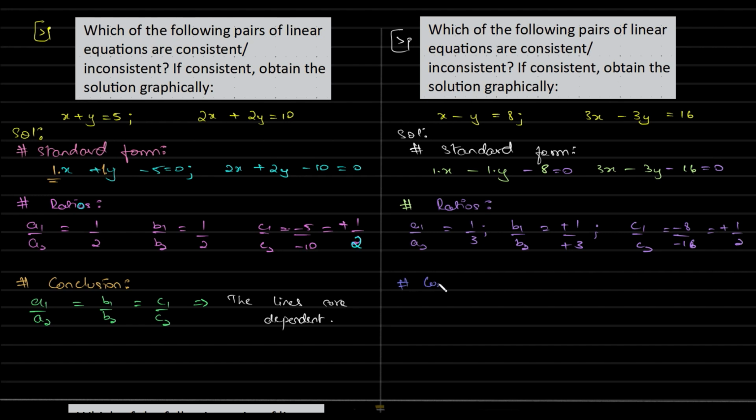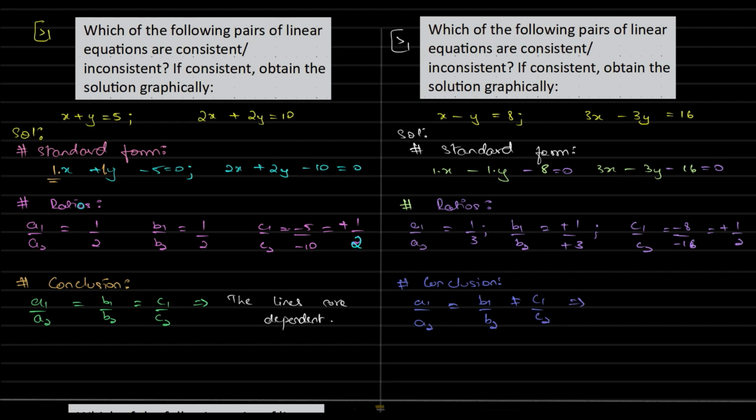So we have the conclusion. What can you conclude? a1 by a2 is equal to b1 by b2, not equal to c1 by c2, right?